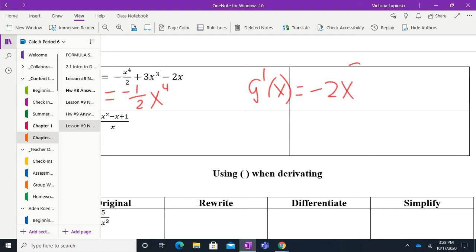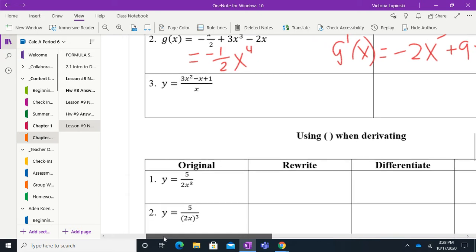X to the 1 less power would be 3. Plus, bring down the 3 times 3 is 9. To the 1 less power would be squared. Negative 2x: again, whenever you're taking the derivative of something times x, it's always just whatever the something is, which in this case is negative 2. Now, don't get too fancy when it comes to the derivatives. There are eventually going to be problems that you have to factor and simplify and solve for x, all kinds of things. But for now, don't get fancy. You're just going to go ahead and leave it.